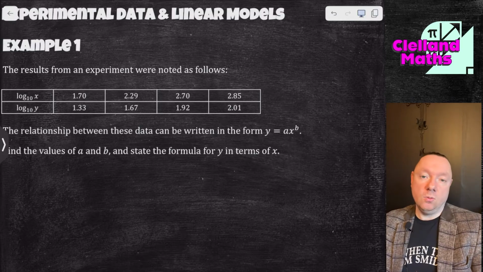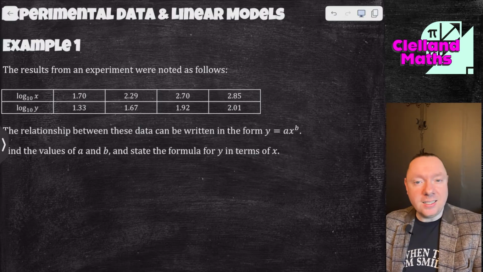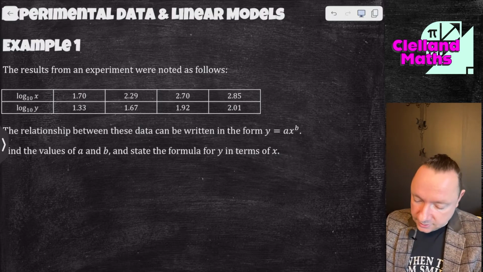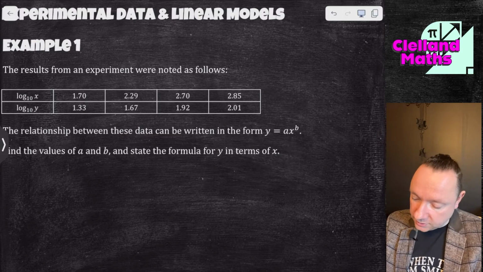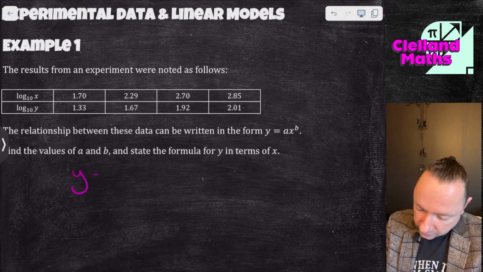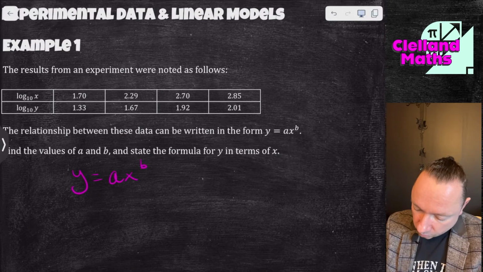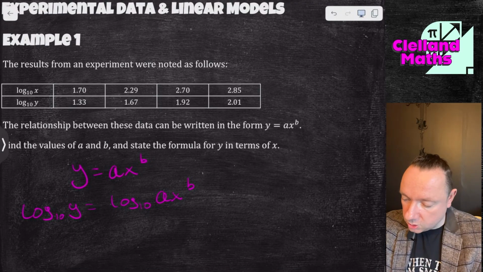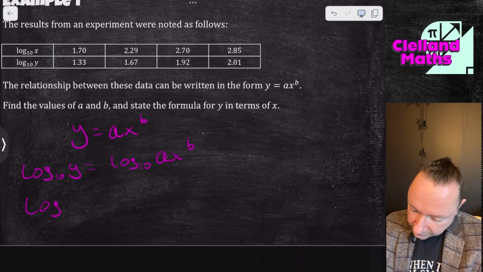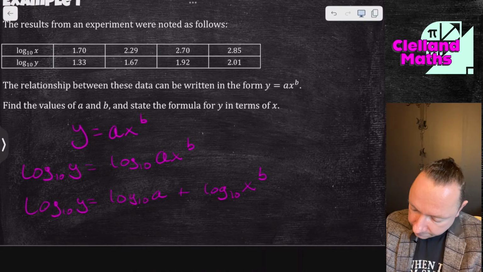Now, some teachers will teach you to memorize this stuff, but I prefer to start with y equals ax to the b and come up with it myself every single time. So I start with y equals ax to the b, and I take the log of both sides. Log base 10 of y is log base 10 of ax^b, and then I just use my rules of logs. Log base 10 of y equals log base 10 of a plus log base 10 of x to the b.